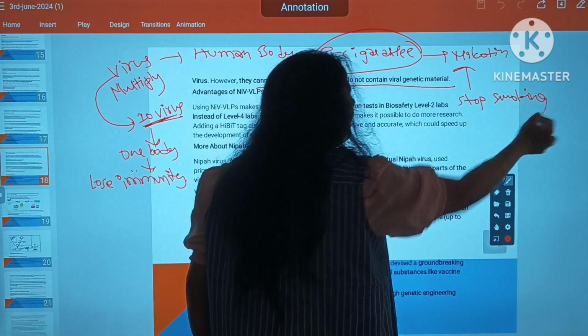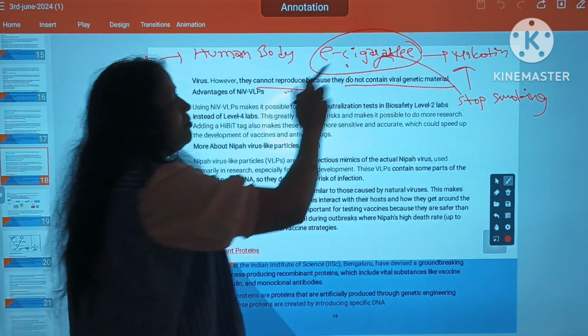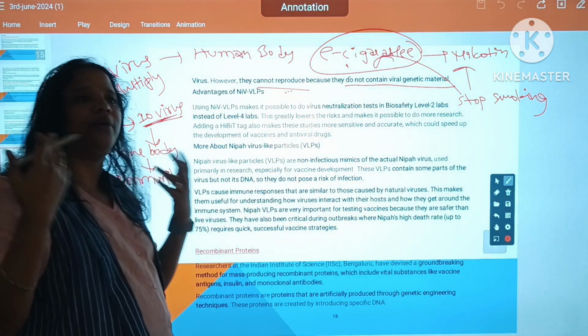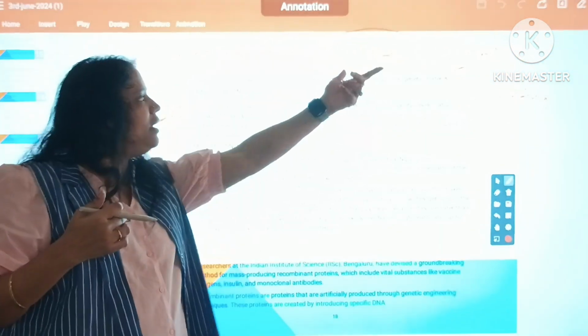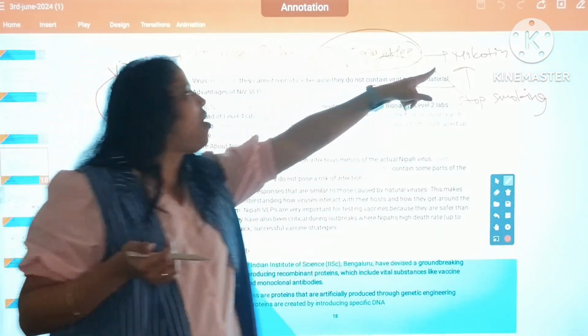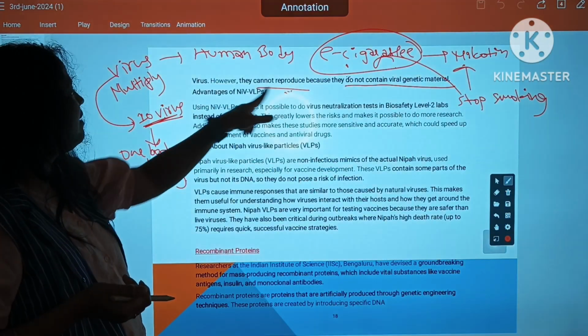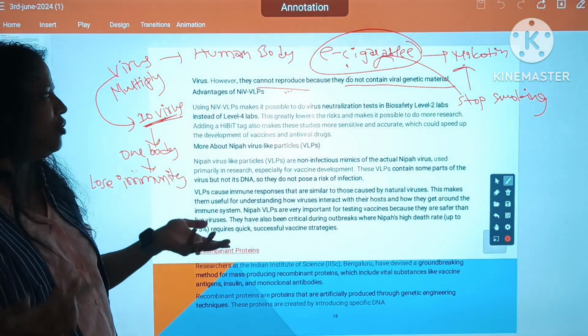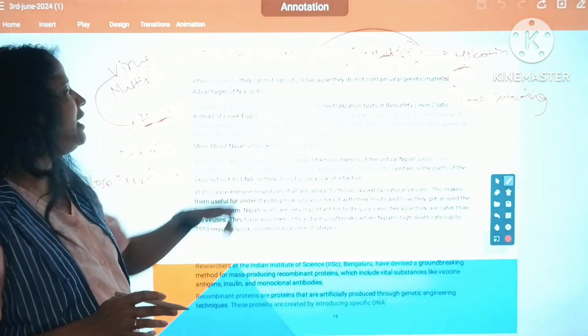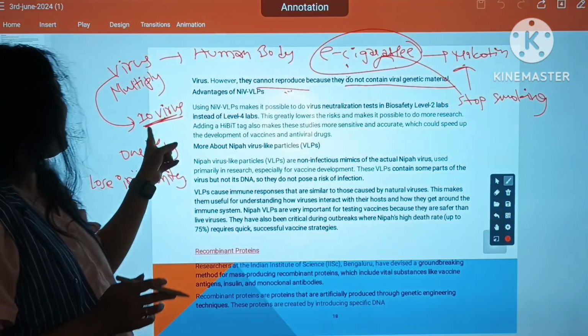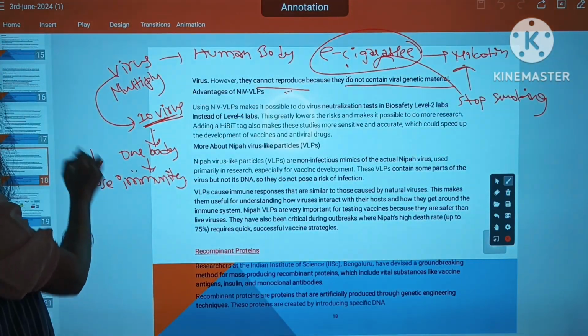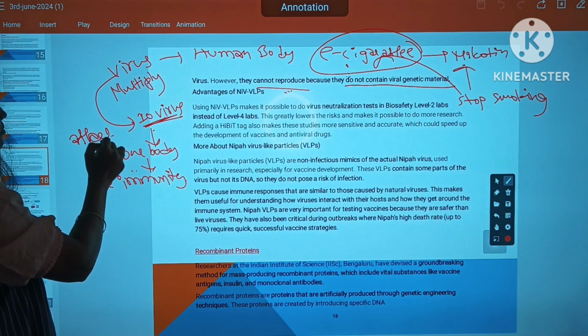What does the doctor do? The doctor gives an e-cigarette to him so that he will get the feeling of smoking a cigarette, but it does not have any harmful nicotine. It does not affect his lungs. So in the same way, the virus is only used to make a vaccine, but it won't reproduce, it won't multiply, and it won't attack one's immune system.